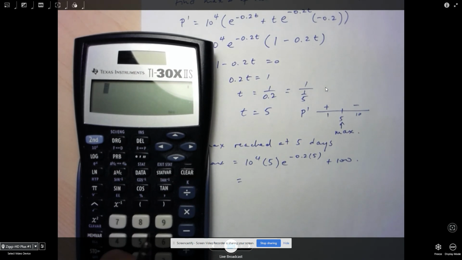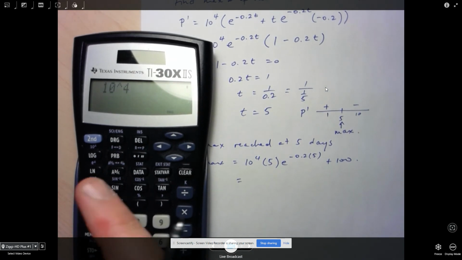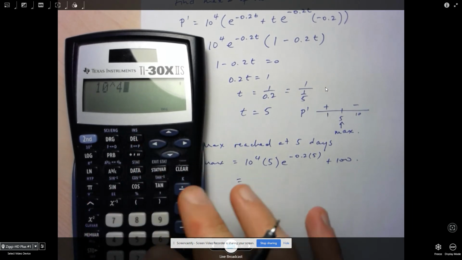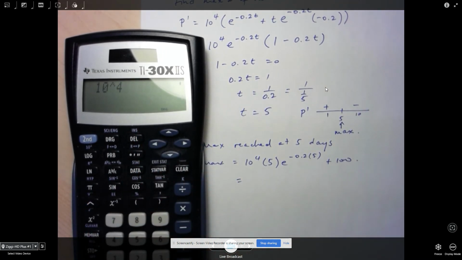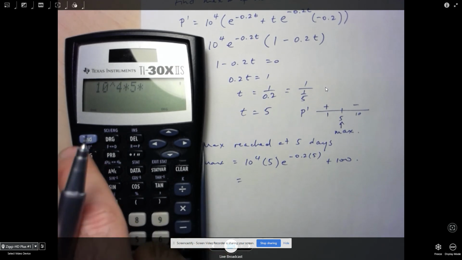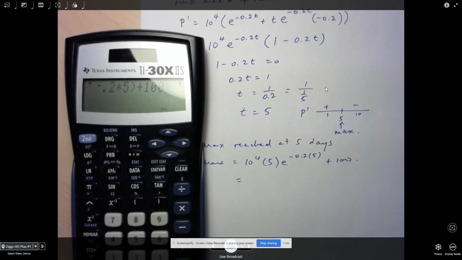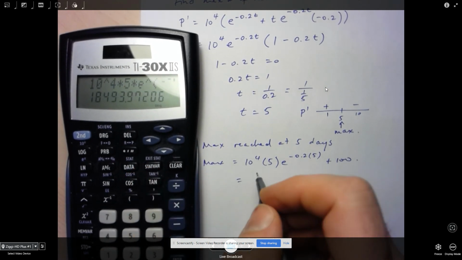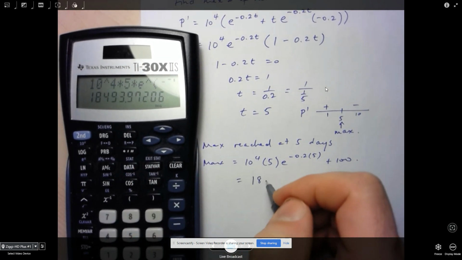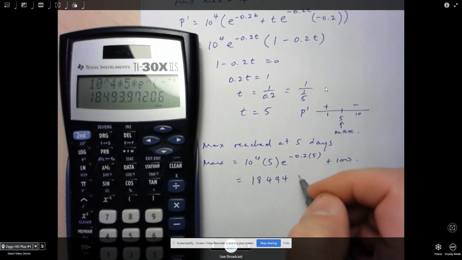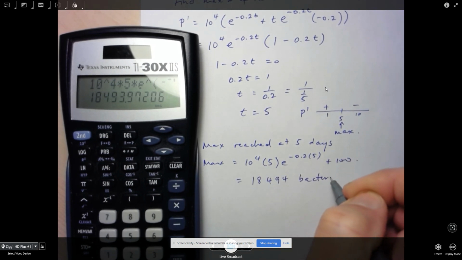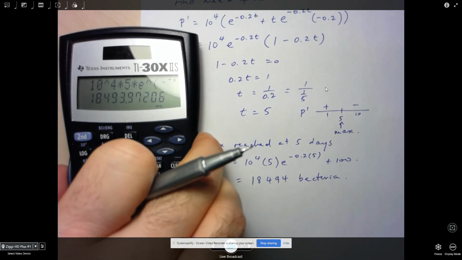We have 10 exponent 4. Now I know that that's 10,000, but just to make sure I don't make a mistake, I'm just going to put exactly what I've got here, times 5 times e to the negative 0.2 times 5, and then plus 100, and we have 18,494 bacteria, approximately.